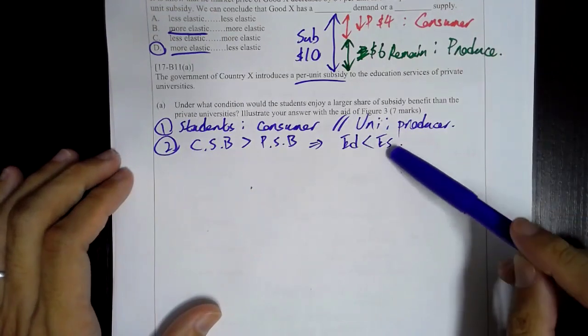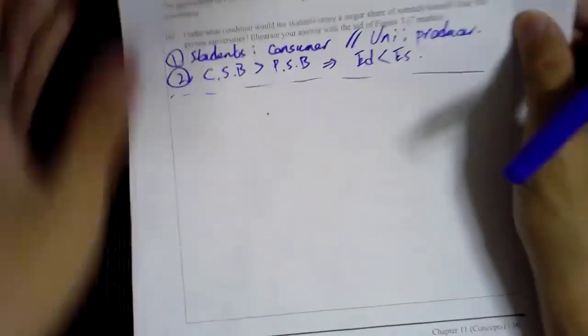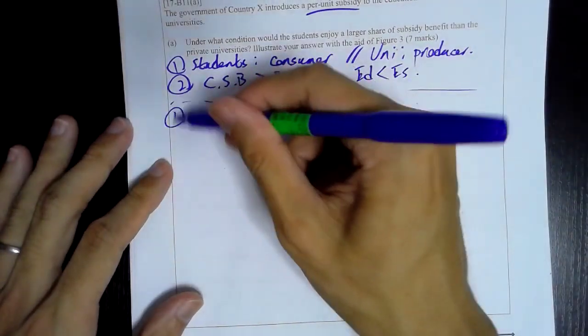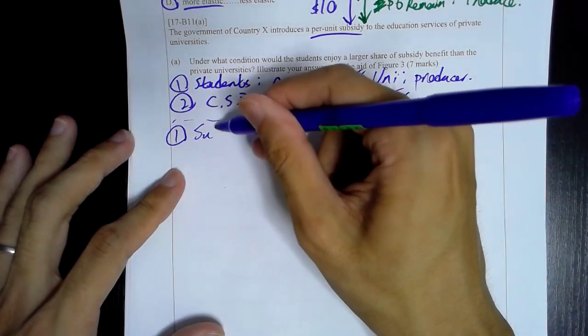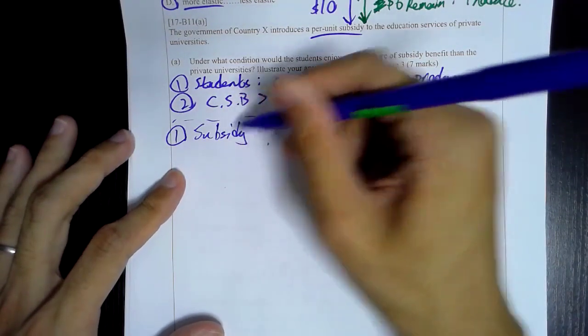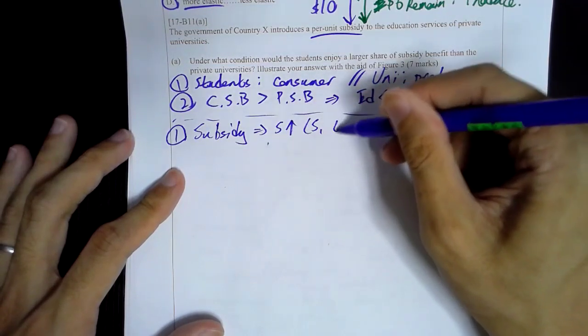Of course we need to write it in proper English. So how should we answer this? Of course, we need to mention that with a subsidy, supply would increase from S1 to S2.